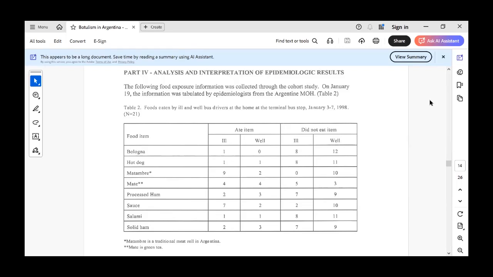Okay, and if I told you the p-value was 1.0, how would you interpret that? It's higher, so this is also not statistically significant, even though persons who consumed hot dog are 1.2 times more at risk of getting botulism.